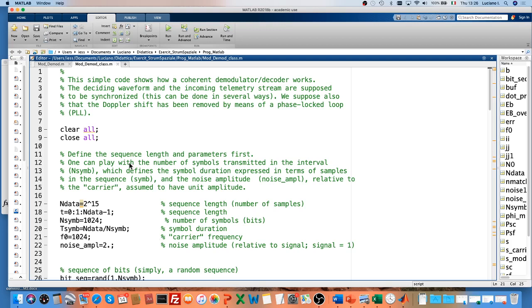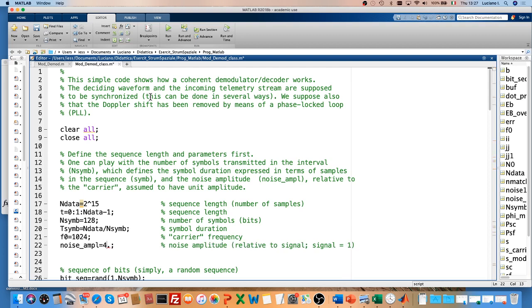The other way, let us return to the original situation when we had 128 symbols, bits. And this time we play not with the bit duration, but with the amplitude of the noise. So the carrier over noise power decreases. There shouldn't be, no, in this case we are going in the opposite direction.